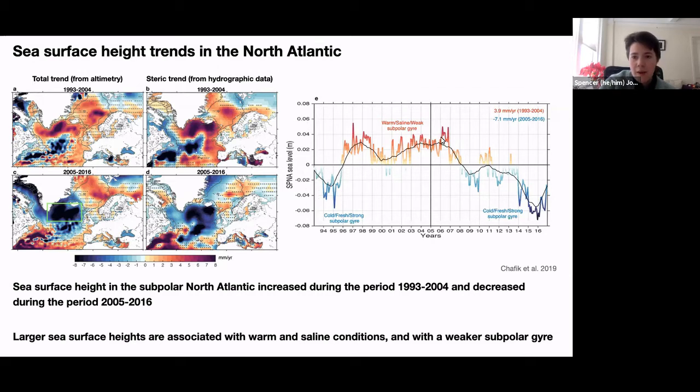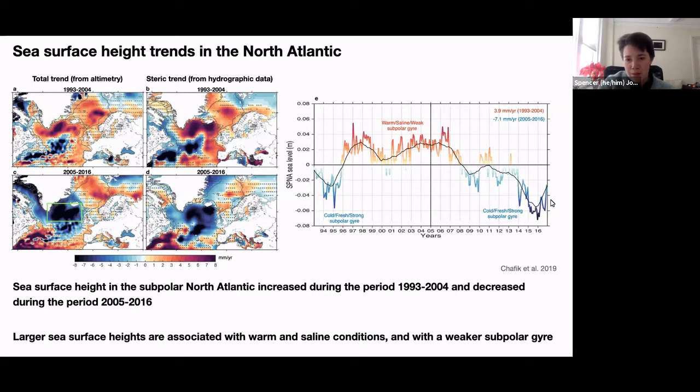Then in 2005, there was a warm, saline and weak subpolar gyre that's associated with higher sea surface heights. And then the state of the subpolar gyre went back to its cold, fresh, strong situation, and there was a reduction in the sea surface height between 2005 and 2016.